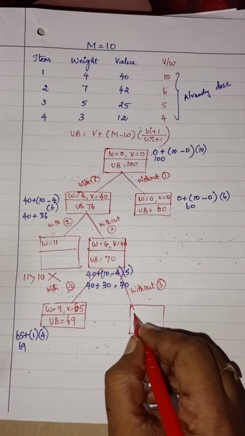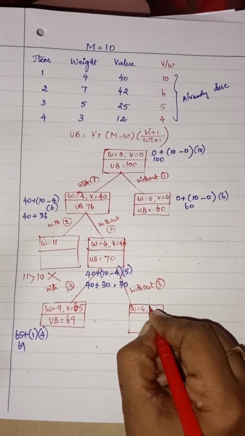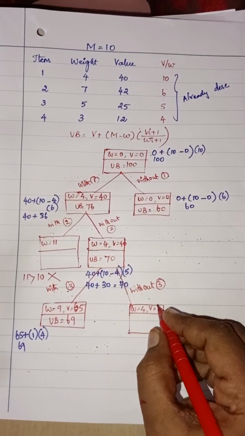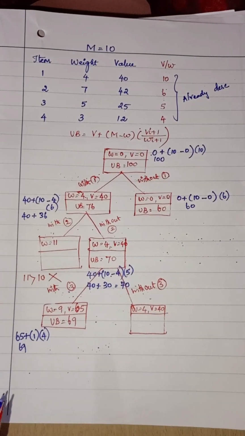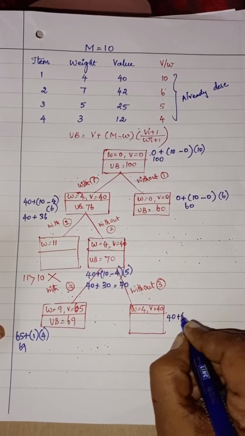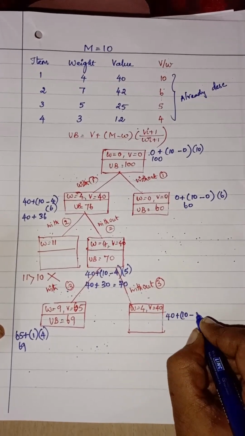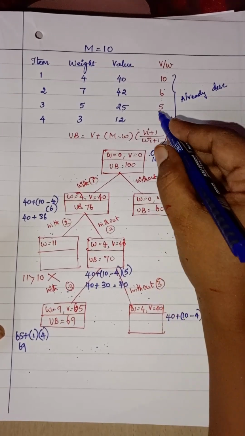So without 3, weight will remain the same as 4 and value will remain the same as 40. Now I need to calculate the upper bound. So it is 40 plus 10 minus weight 4, into, since I am dealing with item 3, the ratio should be of item 4.